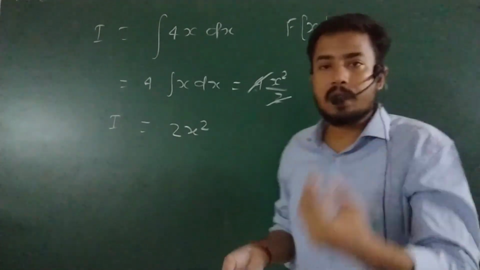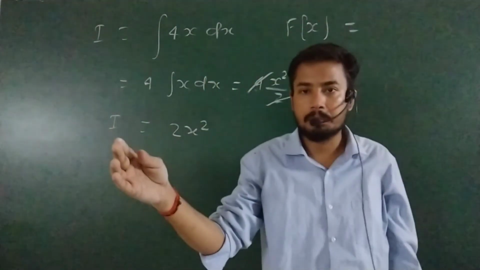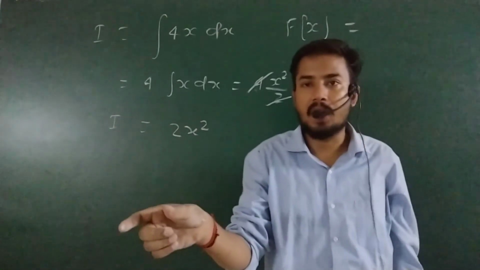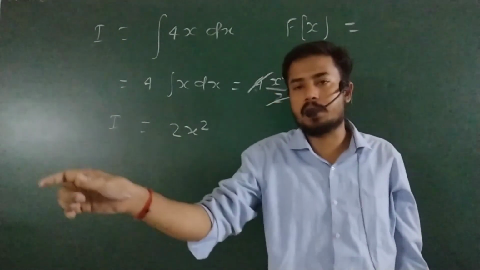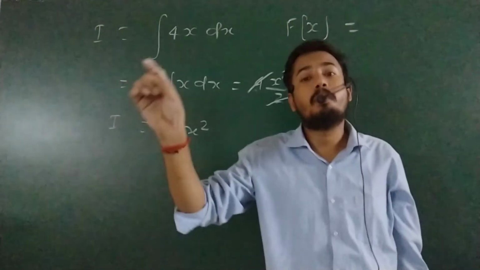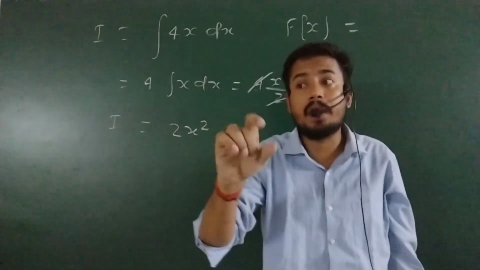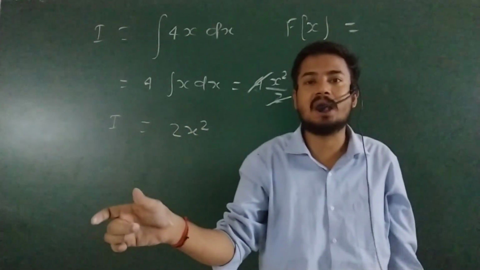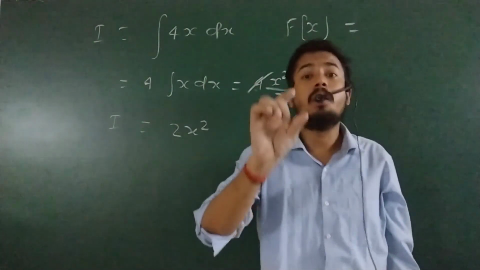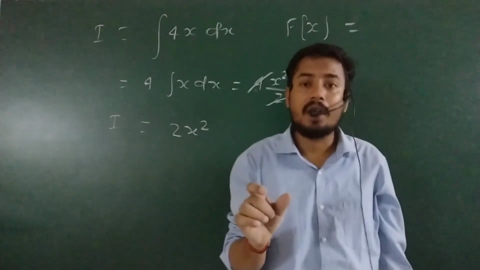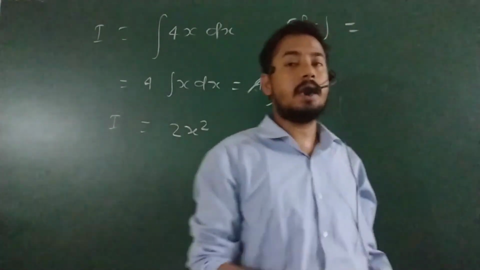Just like take one example, milk to paneer. This is called differentiation. Take another process that will give you paneer to milk. The process which gives you paneer to milk is called integration. The process which gives you milk to paneer is called differentiation. Done, buddy?